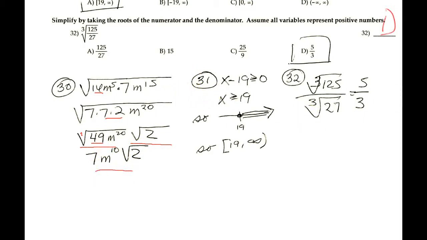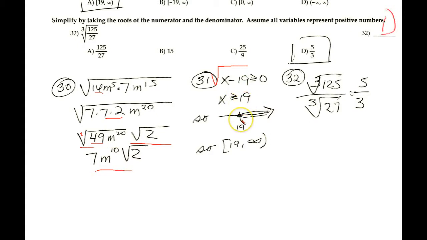Now, let's look at this next one just a little bit, because they're asking us for the domain of this. I guess it was under a radical sign. And again, under the radical sign, you can't have a number less than 0. So it has to be greater than or equal to 0, which when we solve it becomes a positive 19.